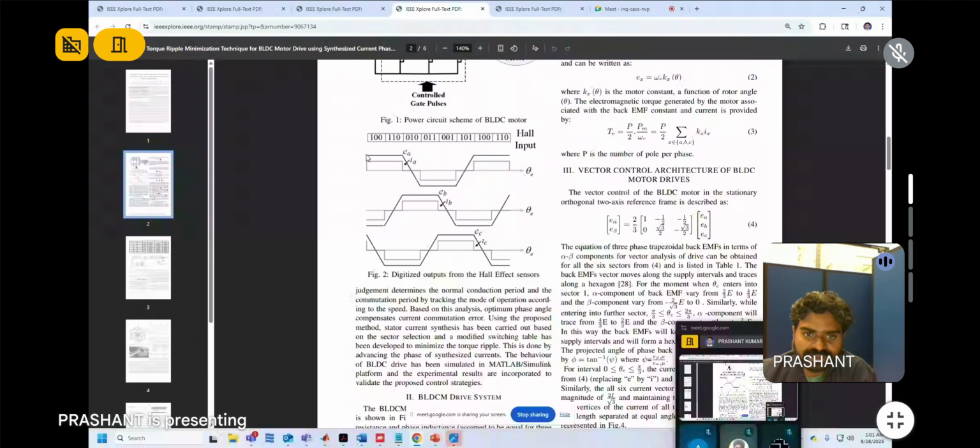The moment when the stator phase back EMF is plus E for 120 degrees, the stator phase current is also square. And the moment it is transiting from plus E to minus E, ideally the current should be zero, but immediately the current cannot fall down to zero because of the presence of inductance in the system.